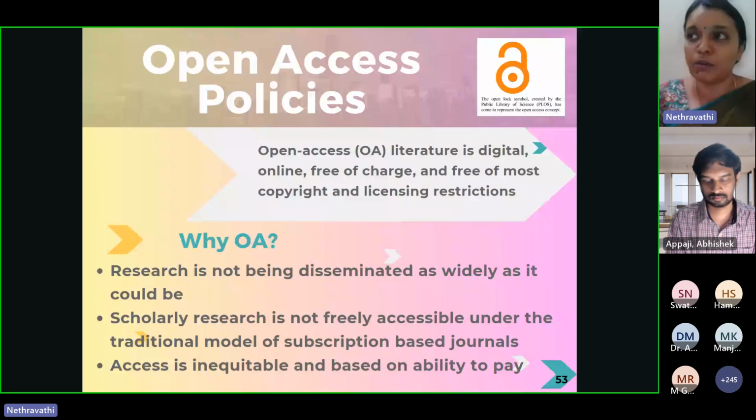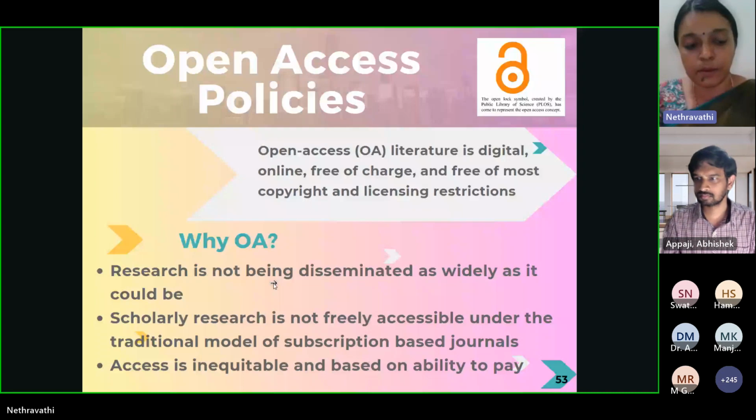If people do not download, then I will receive a lesser number of citations. Of course, if we have the ability to pay, we can go ahead and pay and download it. But as I know, 99% of researchers will not do so. So that is a limitation of subscription based journals, and that is why we can go for open access journals.